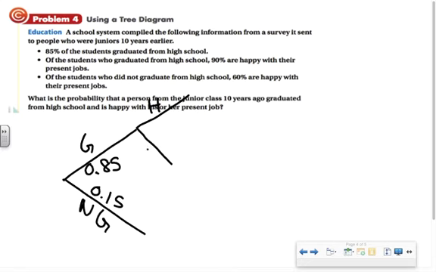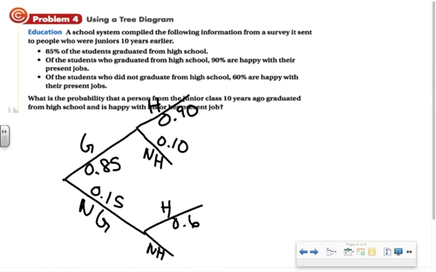So I'm going to call this happy and this not happy. And of those that graduated high school, 90% are happy with their job, and that means that 10% are not. Similarly down here, happy, not happy. That's 60%, so 0.6 compared to 0.4. So now we've diagrammed out all of the data.